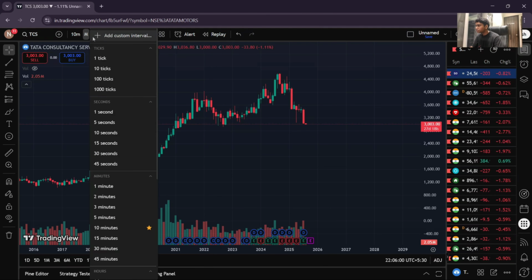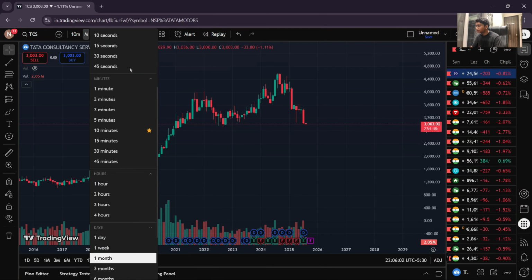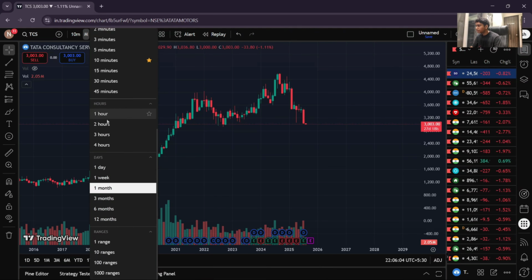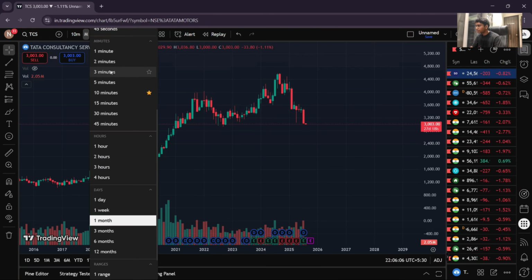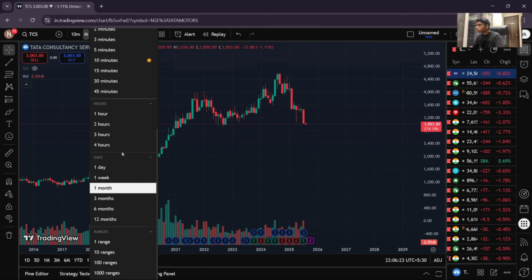When you open this drop down, you can see there are multiple time frames: 1 day, 1 hour, 2 hour, 3 hour, 5 minutes, 3 minutes. Different people use different time frames. Few people use it for trading, few people use it for intraday and positional. What do we want? We want it for basic learning, right? So for basic things we can choose anything.